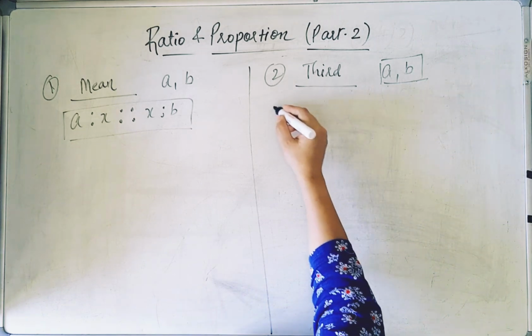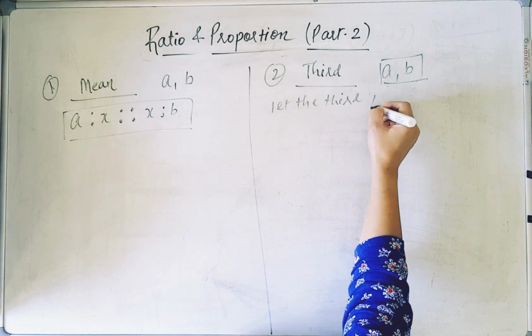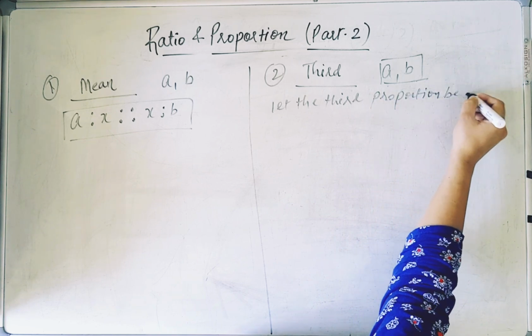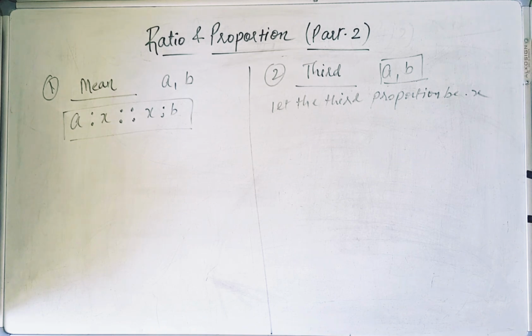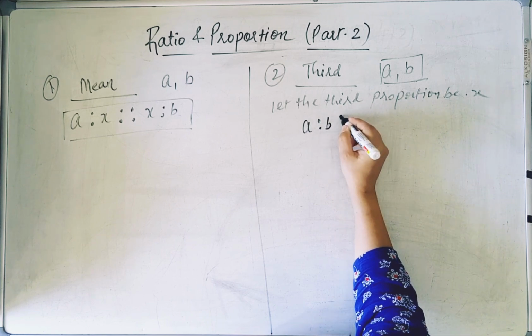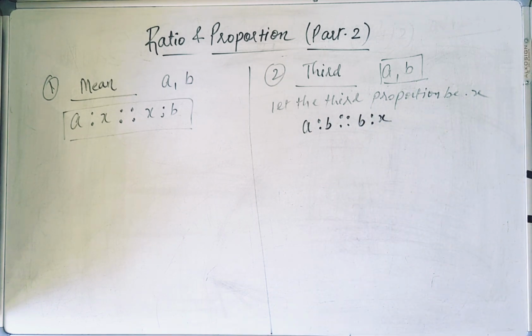Let the third proportion be x. The concept will be: A is to B proportion B is to x. The concept is the same, we only have to think about which quantity will be repeated.